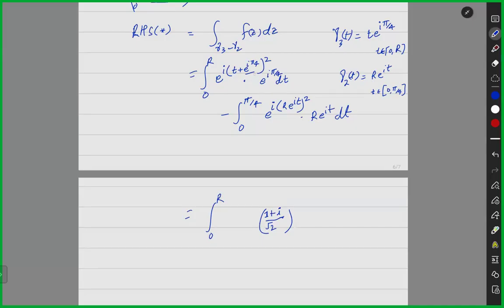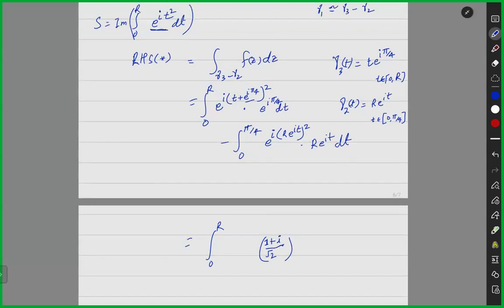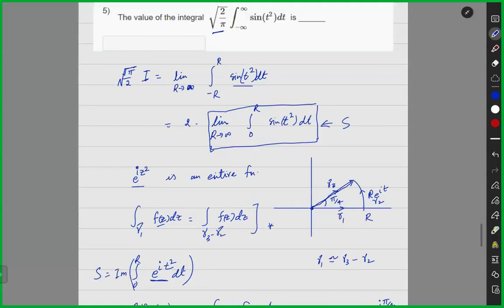So what we can do? e power I into that constant. The answer is clear from this step.